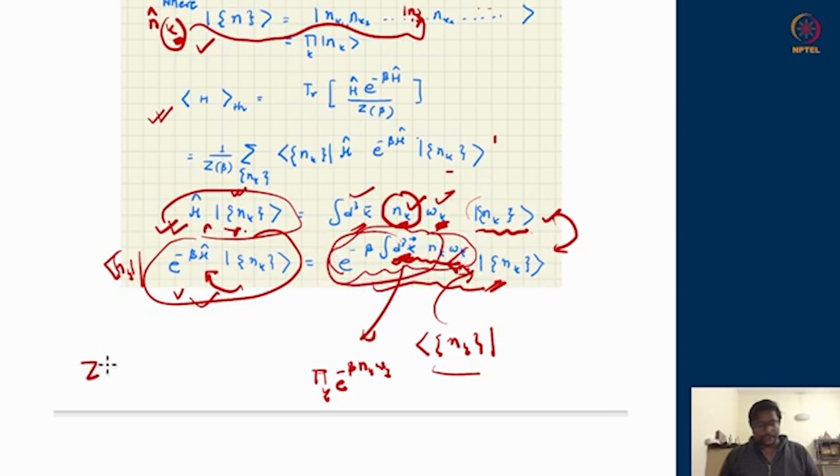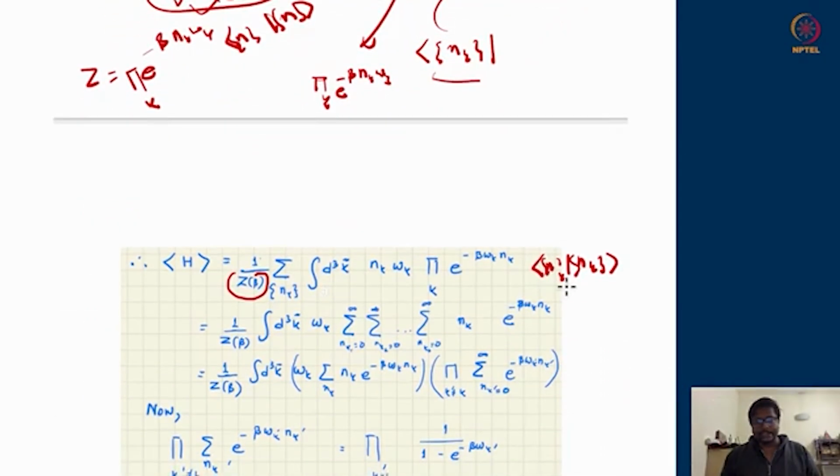So Z is therefore just e to the power minus beta nk omega k, product over k, the way I have written, and then this nn overlap. So whatever nn overlap appears in the top gets exactly cancelled by the nn overlap appearing in the bottom, and in the bottom I am left with this finite piece only. So the normalizations are taken care of.